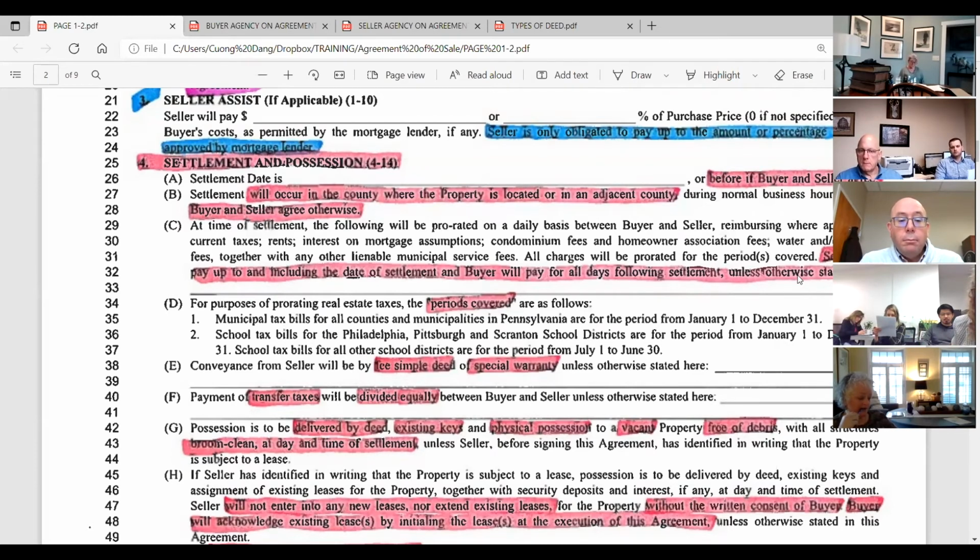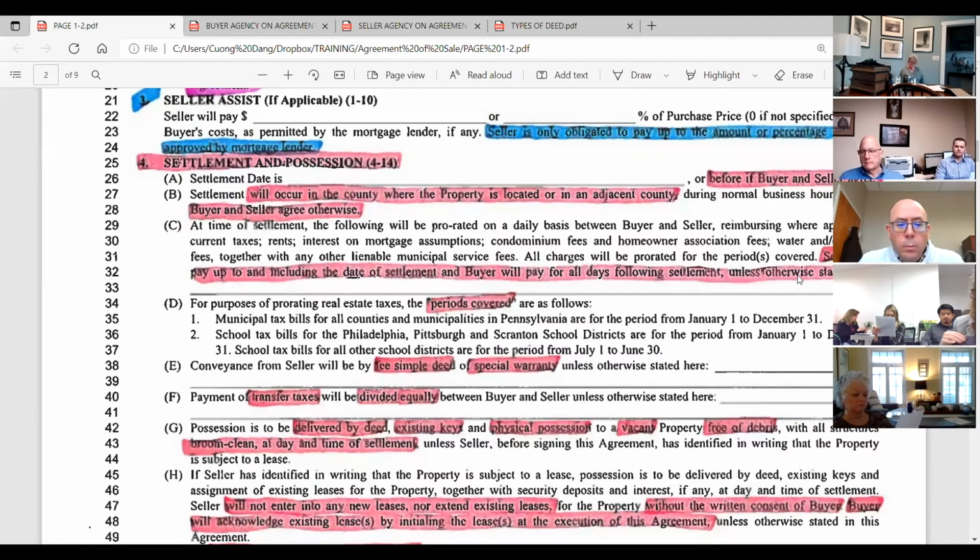C. At time of settlement, the following will be prorated on a daily basis between buyer and seller, reimbursing where applicable: current taxes, real estate taxes, school taxes, rents, interest on mortgage assumptions, condominium fees and HOA fees, water and/or sewer fees, together with any other lienable municipal service fees.